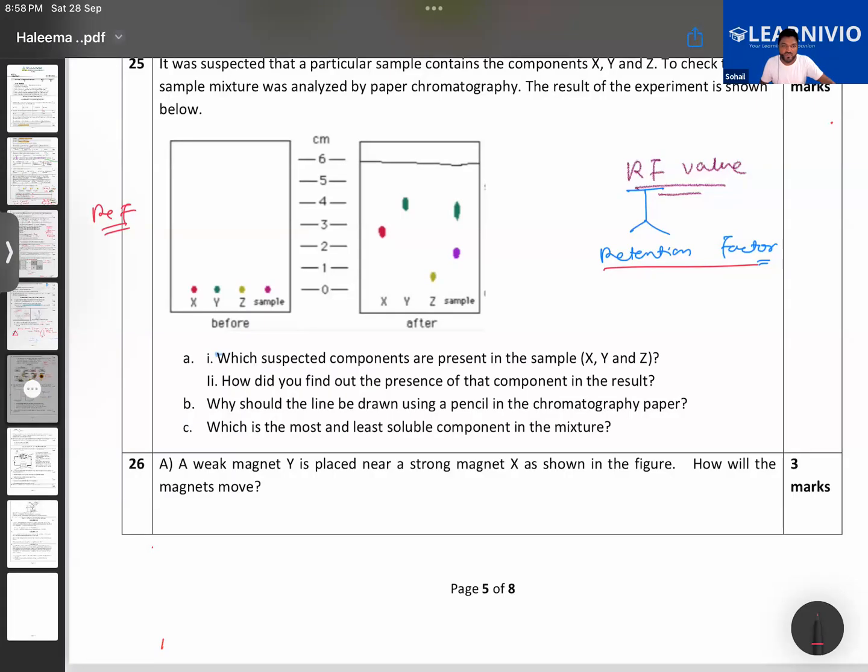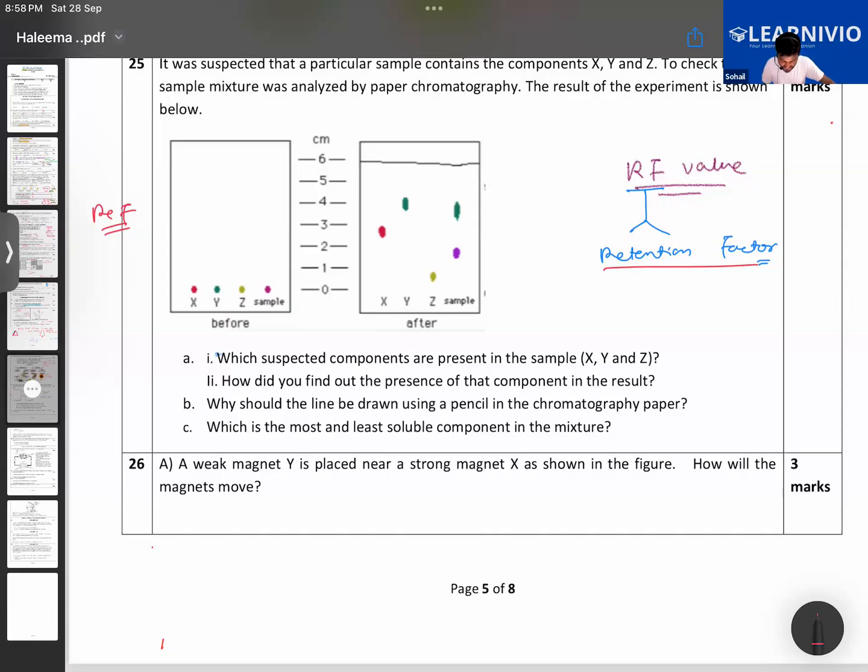But if you were to draw it with ink, the ink will easily dissolve in the solvent. It will spread and interfere with the reading in the chromatograph, so it will give us an inaccurate result. Understood now?